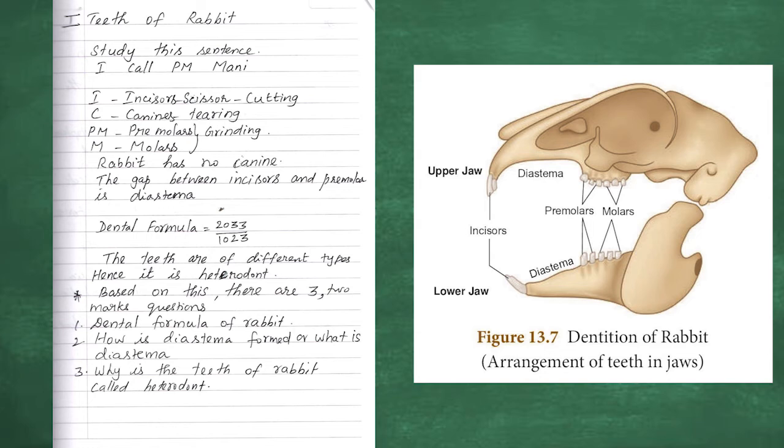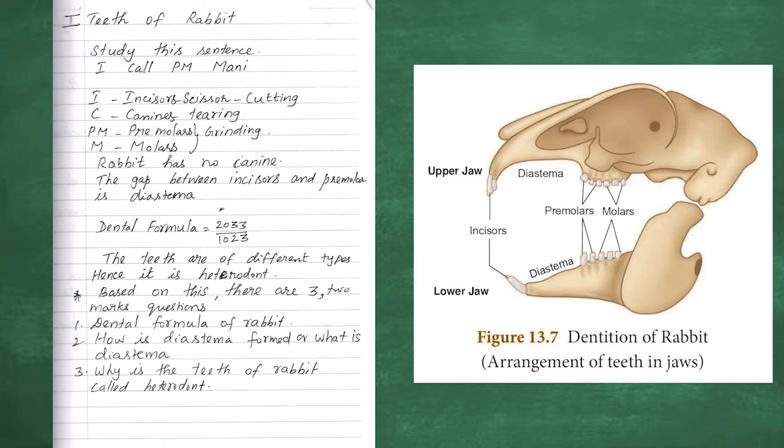To remember this, we can remember one sentence: I call postmaster money. I for incisors. The word itself has scissor, so it is used for cutting. The next one, call, that means canine. Canine means staring. That is in Tamil itself, you can remember that, kilithal.